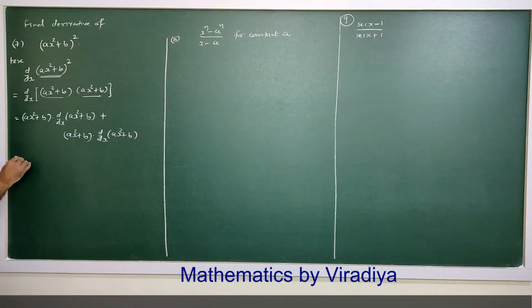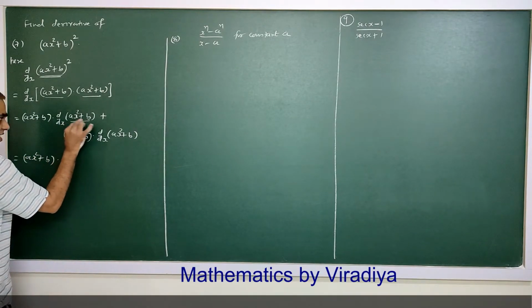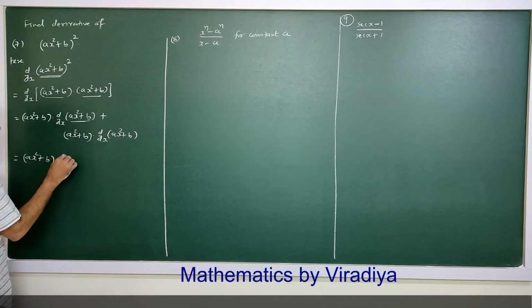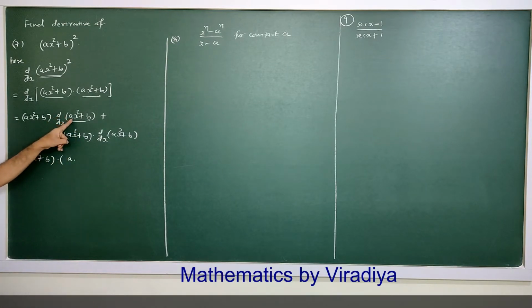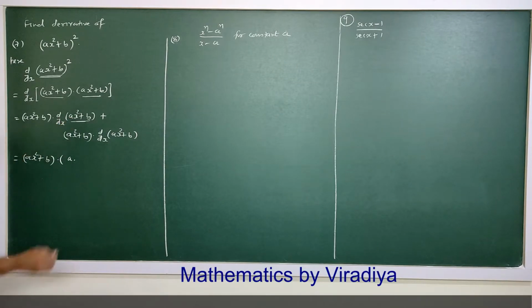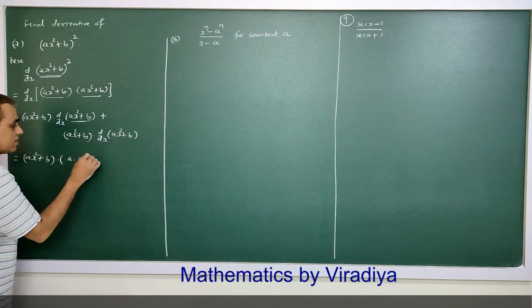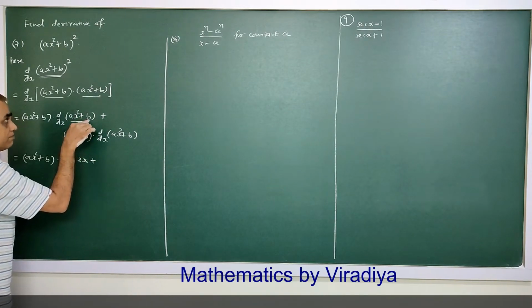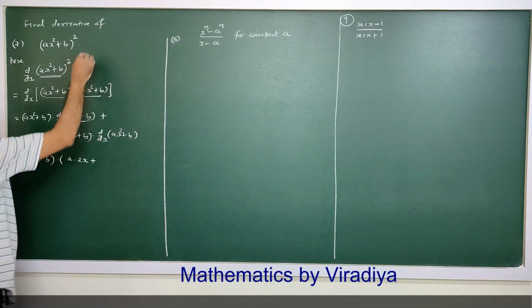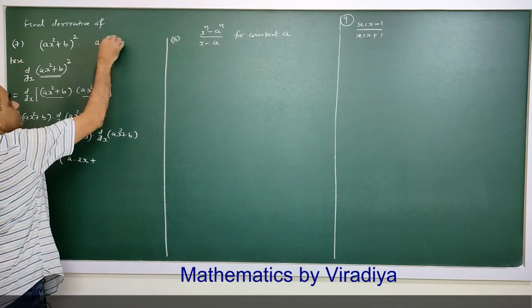So that is ax square plus b into, now derivative of ax square plus b: a is constant in multiplication, so keep as it is, and derivative of x square is 2x plus derivative of b, which is constant. Here a and b are constants.